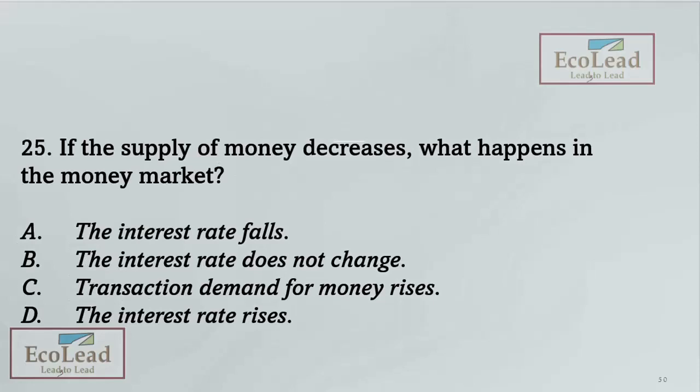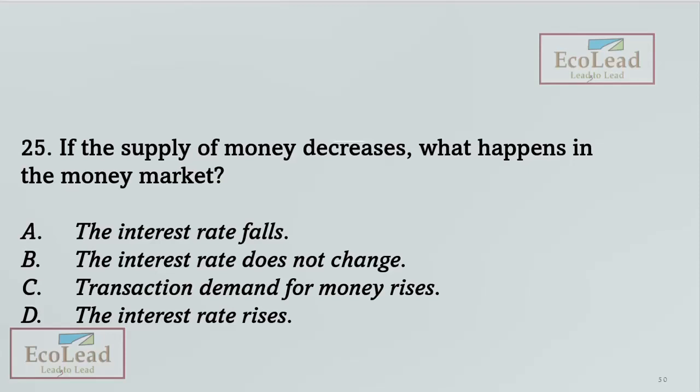If the money supply decreases, what happens in the money market? Means what will happen to the money market if the money supply decreases? That means money supply is lesser than money demand. Money demand is more. That means there will be excess demand for money. Excess demand for money will definitely affect the interest rate.